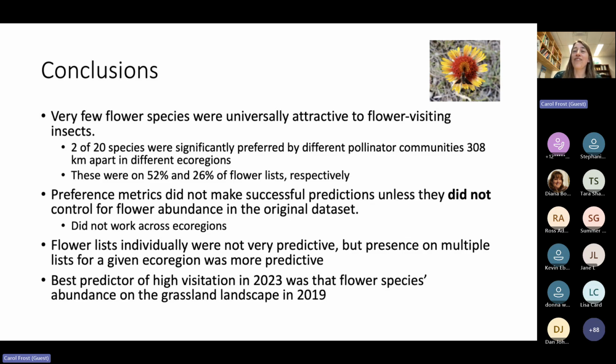However, why did abundance in the grasslands predict visitation in Aspen parkland? That we're still digging into, and we're looking for data on flower relative abundances in grassland areas. The thing is, in our study sites, which were in Edmonton, certainly snowberry and yarrow are not the most common species encountered. So that's a bit more of a mystery.